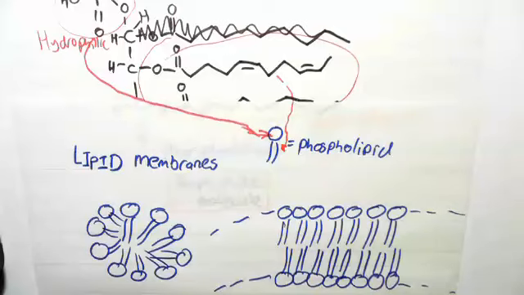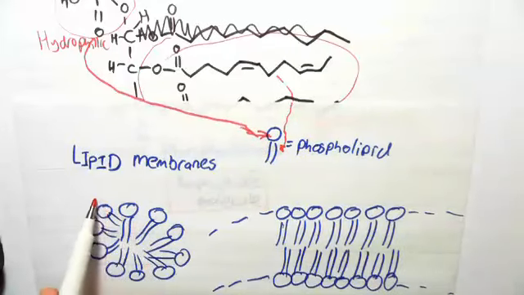So when you put them into water, the hydrophilic phosphate head will love to be around water. It will form strong ion dipole bond interactions with the water, as water is polar. And so what we get is the water out here.